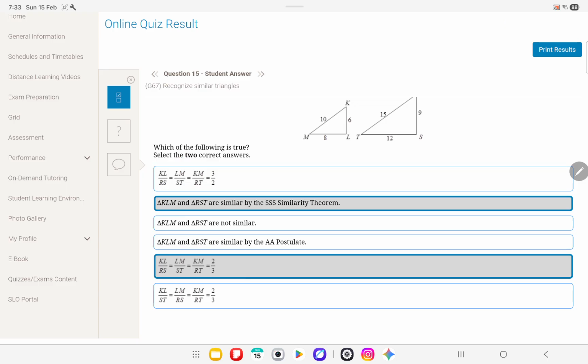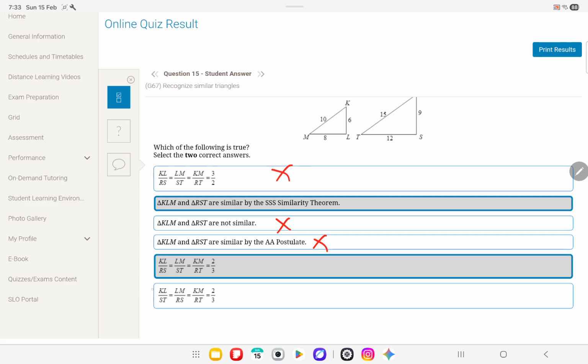The rest are wrong. One says KLM and RST are not similar. That's wrong because we can see that they are similar using the SSS similarity theorem. Another says they are similar by AA postulate. That's wrong because we're not talking about any angles here.